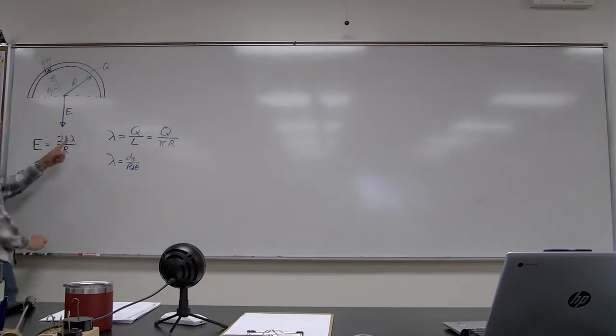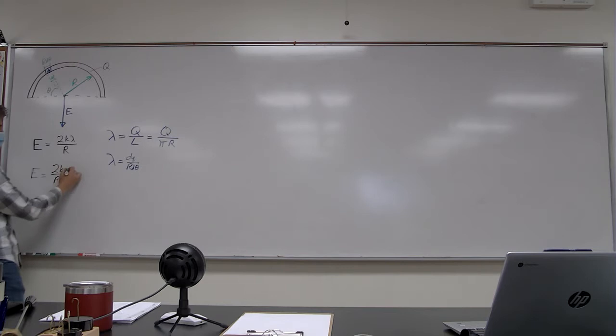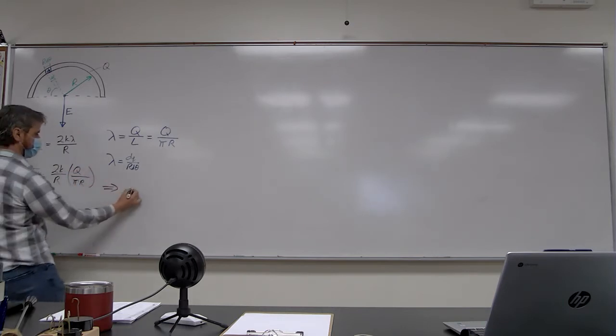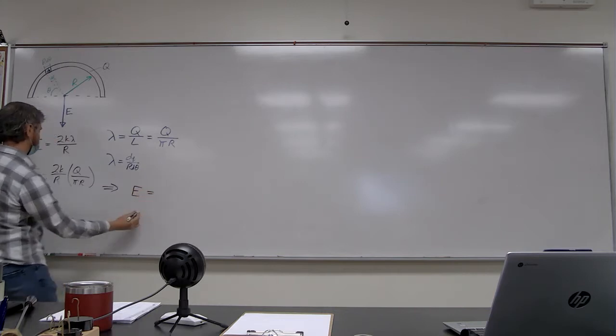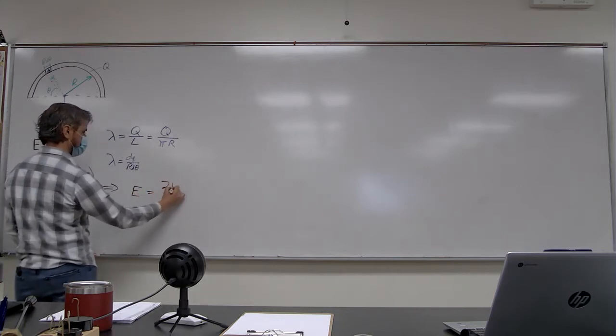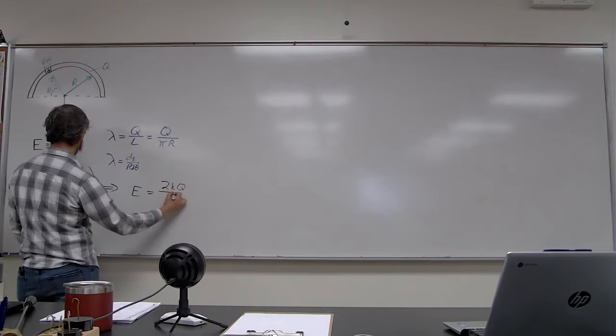We substitute that in for lambda here, and the electric field strength is 2k over r times lambda, which is q over pi times r. So the electric field strength at that point is 2kq over pi r squared.